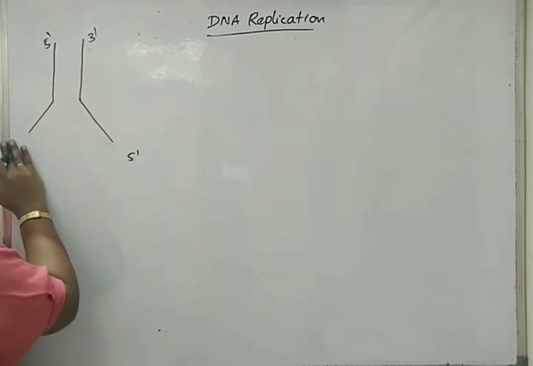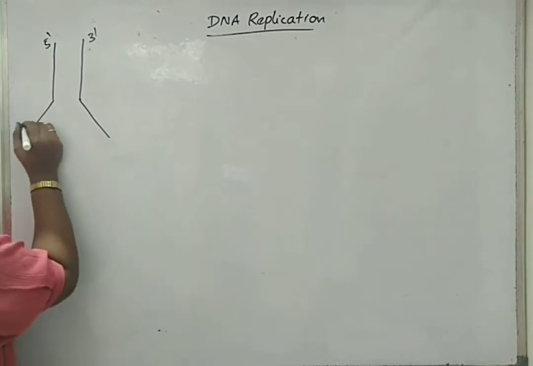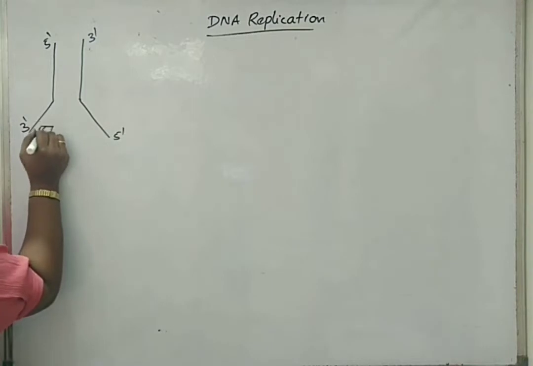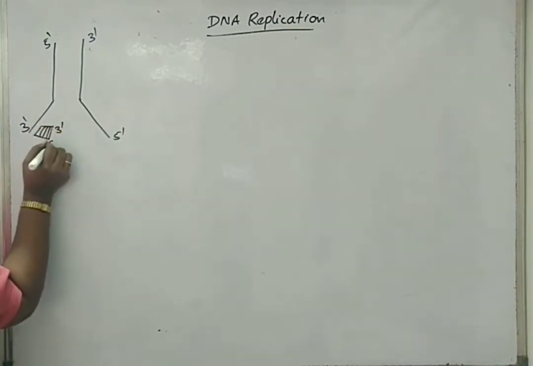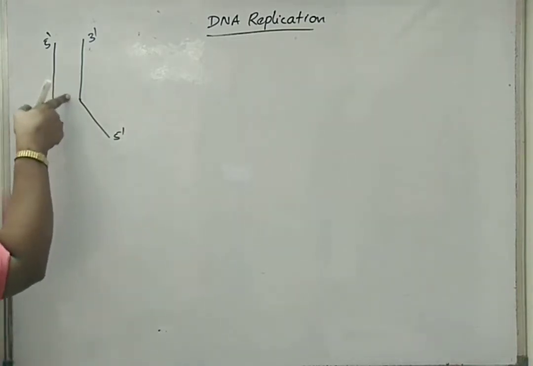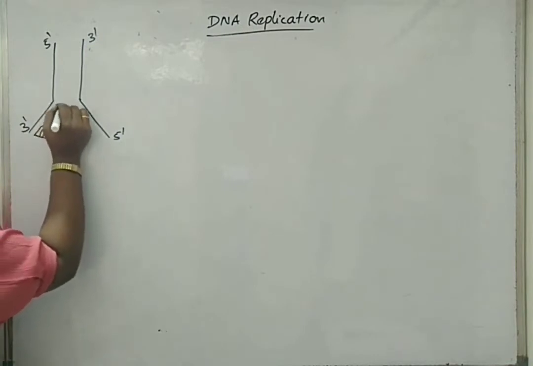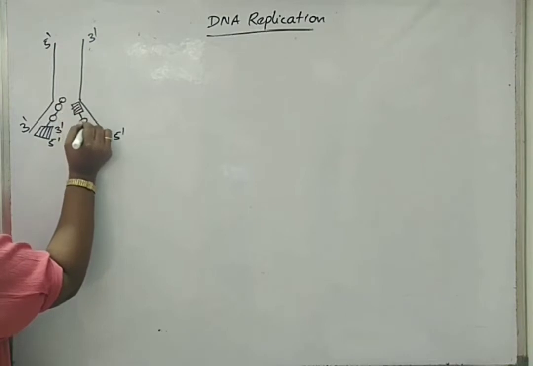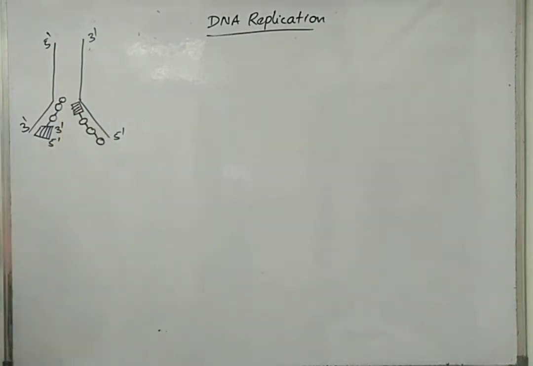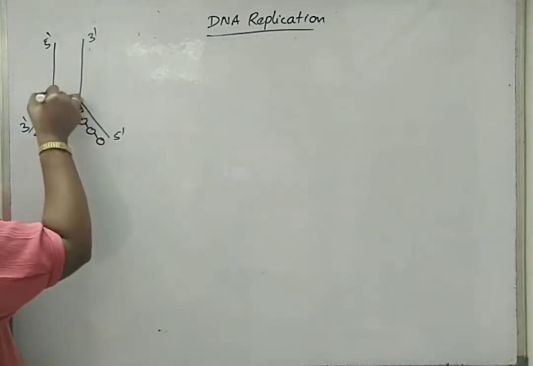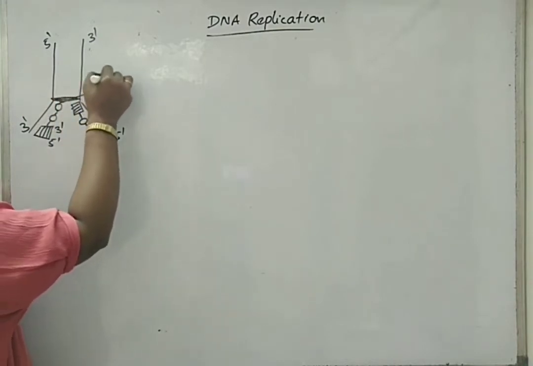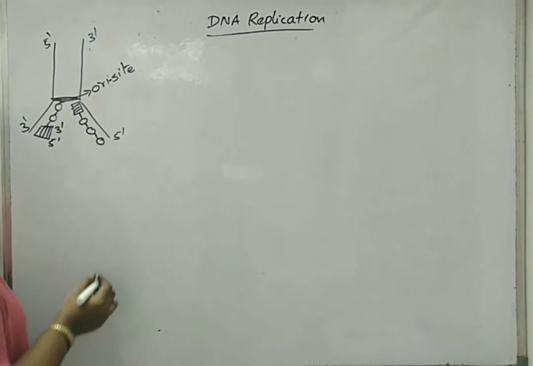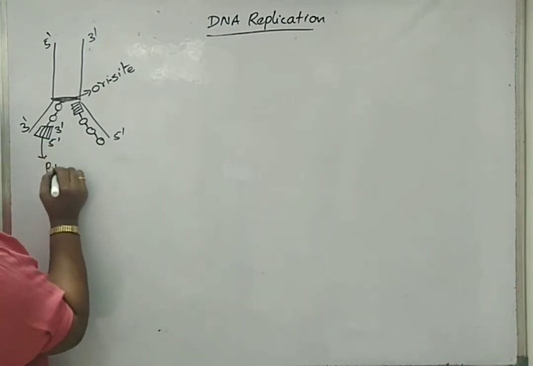We will decrease the length of this one to show the discontinuous strands. The RNA primer will be attached here. The RNA primer's 3' end is towards the coiled fork, so new nucleotides are attached here. On the other strand, the RNA primer is giving some sequence like this. So this area is called the ORI site, and this is the RNA primer.